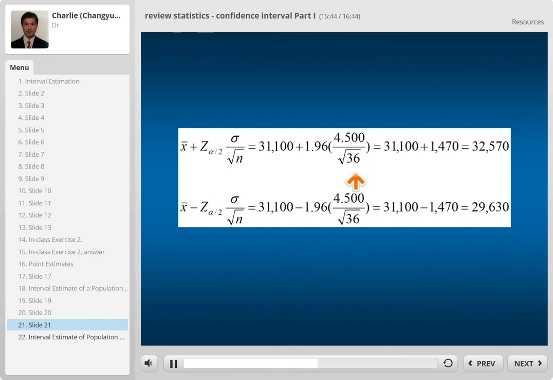N equals 36. So it comes to 32,570. And then the next one is x bar minus z alpha over 2 times sigma divided by square root of n. So we plug in all the numbers. We get 29,630.